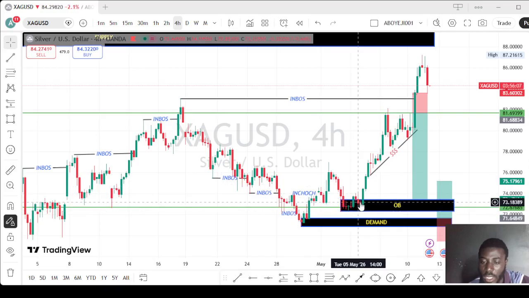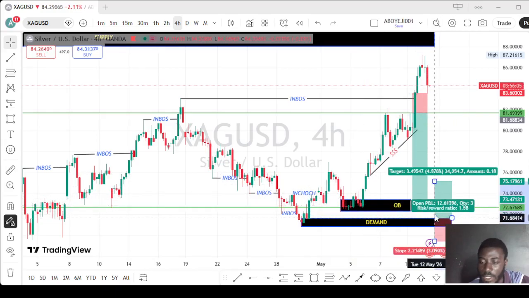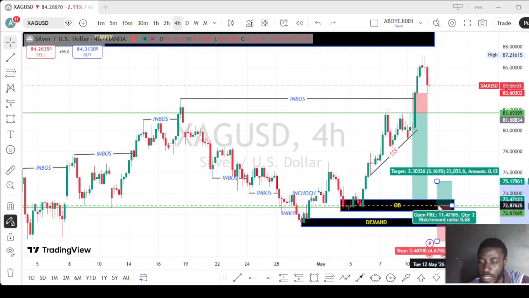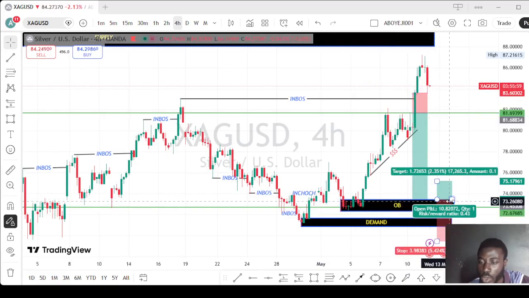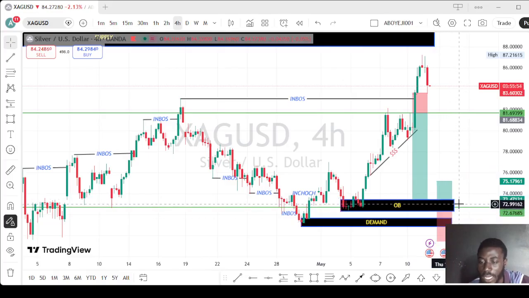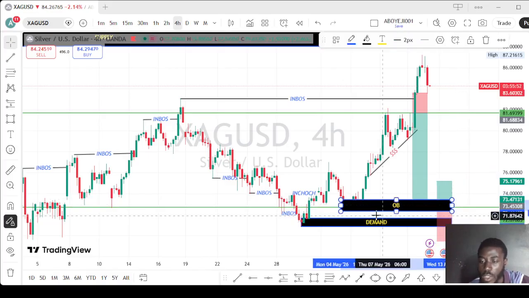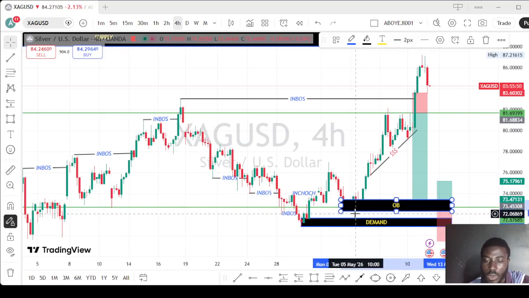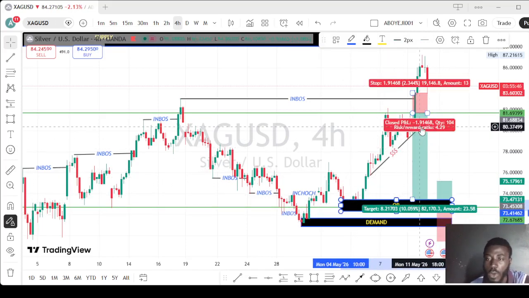You can see this is where the market created the FVG, and if we sell, we are expecting a buy from here, but our stop loss will be large because the market may sweep this order block as liquidity and continue the uptrend. This is what we are seeing on the 4 hour time frame.